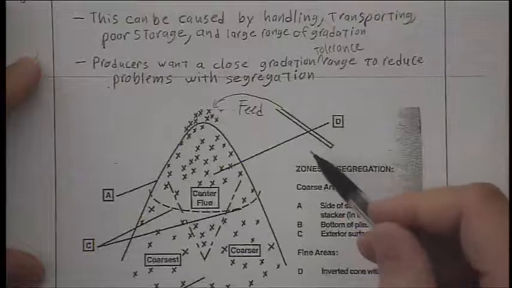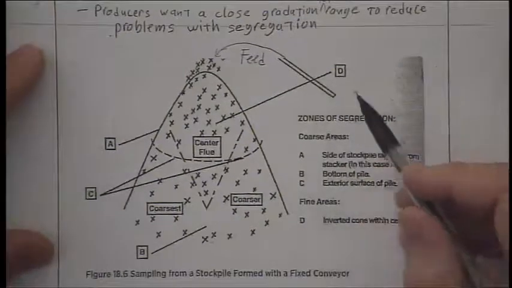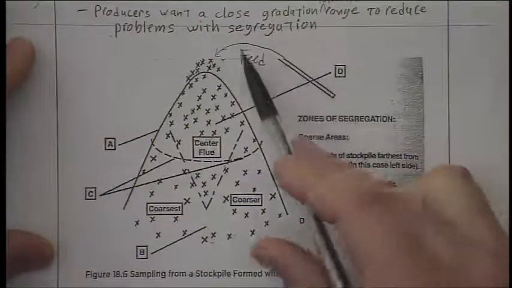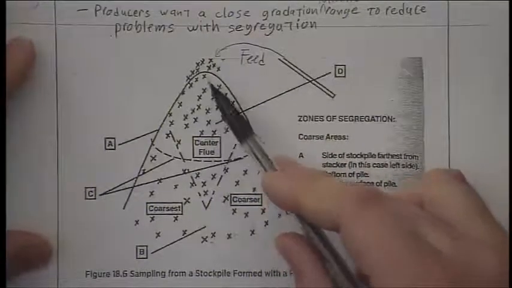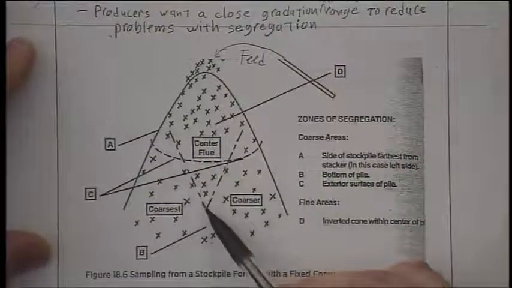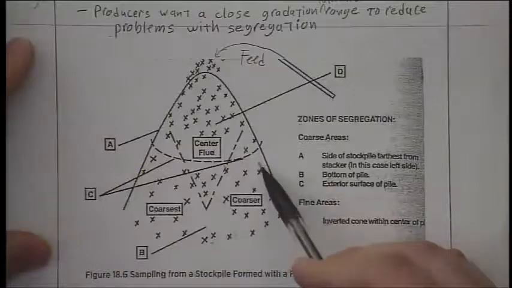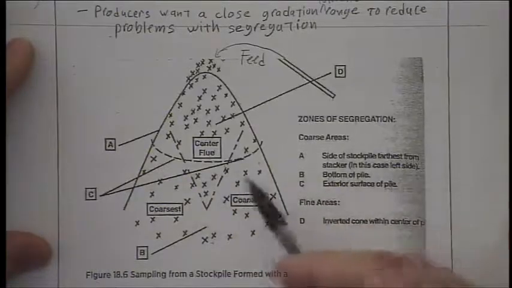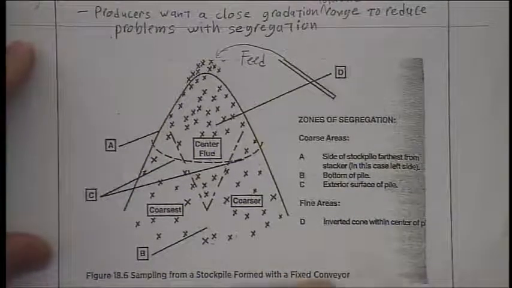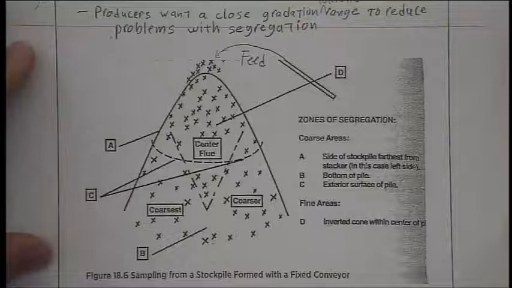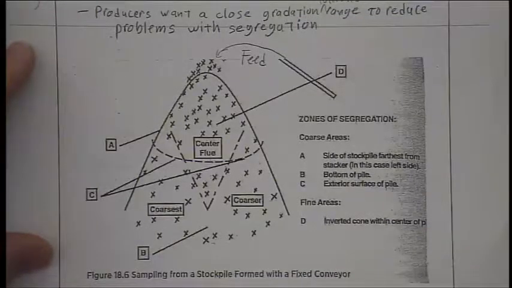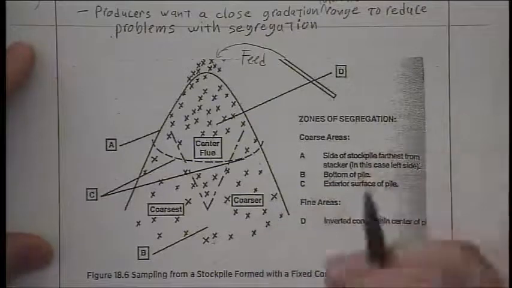If you look at a stockpile, many people dislike stockpiles because, say this is your conveyor belt and it feeds onto the stockpile, you actually have different gradations. That's why you never take a sample at a single location. You have to take samples at multiple locations to figure out how good your gradation is. I have some stuff in my notes about how to take a sample from a conveyor belt, a stockpile, whatever it is.